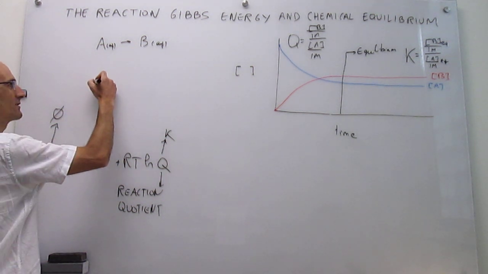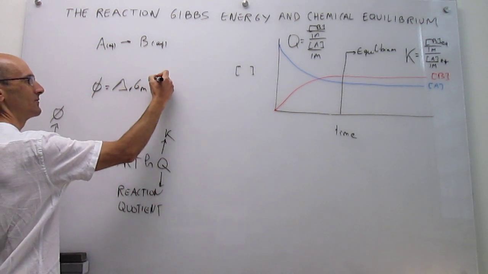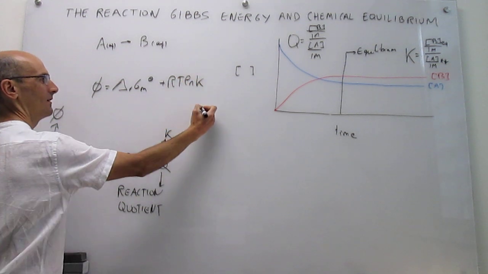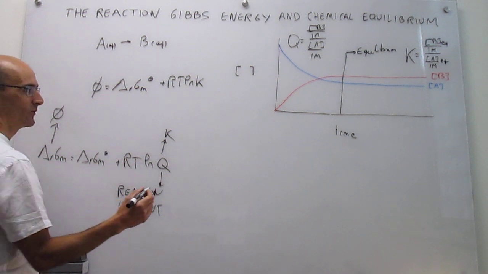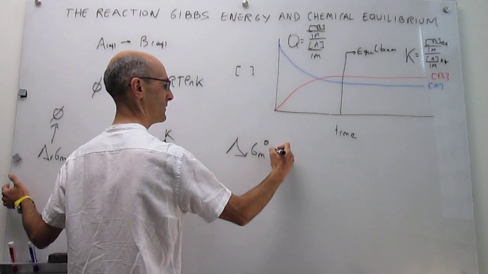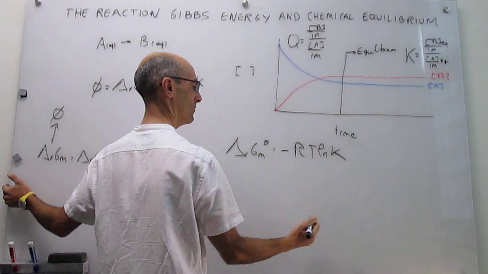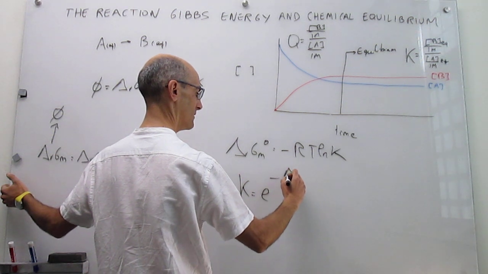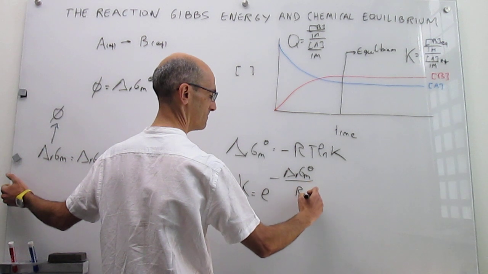So our expression simply turns into this. 0 is going to be equal to ΔrG°m, the standard state, plus RT natural log of K. All right, but we can actually then solve this in a couple of different ways, which I'm going to write right here. The reaction Gibbs energy, the standard state, is equal to minus RT natural log of K, or K is equal to e to the minus ΔrG°m over RT.